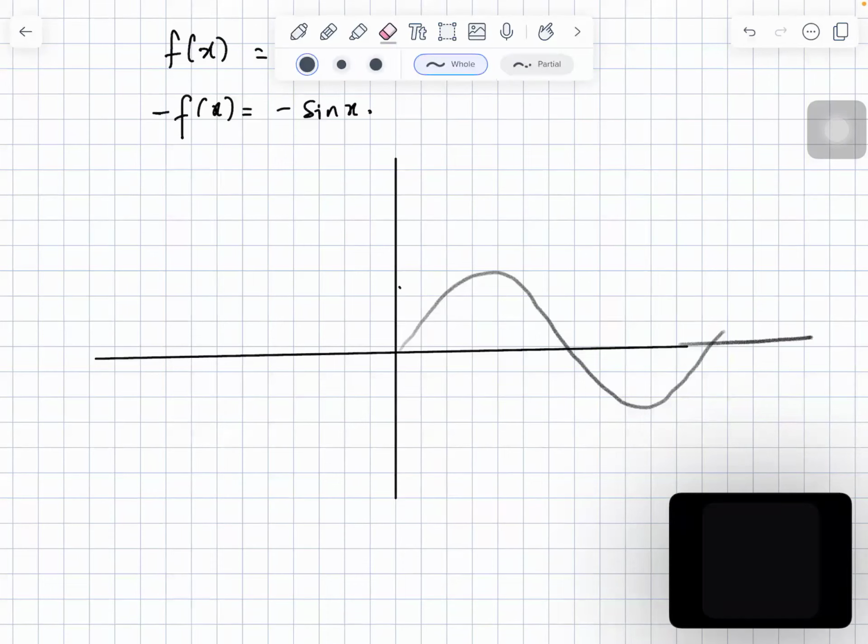Mine is negative, so the top bit goes to the bottom and the bottom bit goes up. Can you draw it and send it to me?